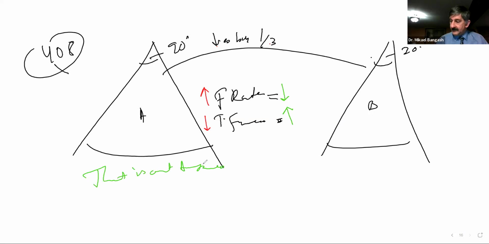So, imaging depth is decreased. If you had decreased the image depth, that would cause an increase in the frame rate and a decrease in the T frame. So that cannot be the one.